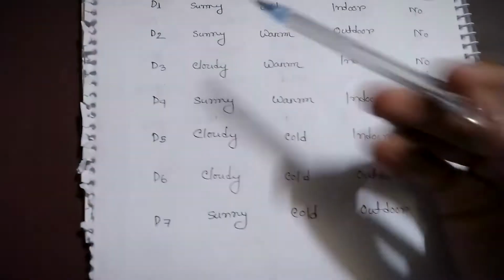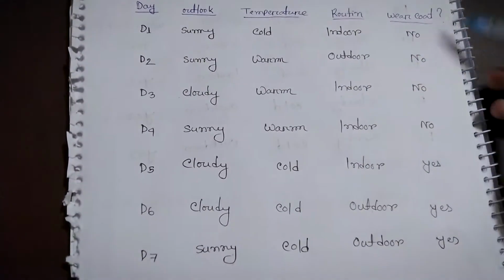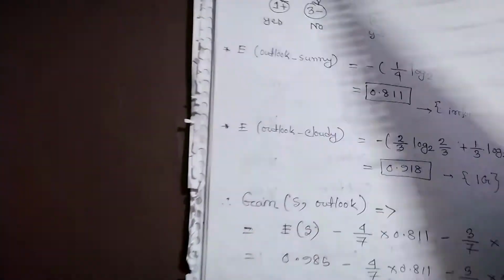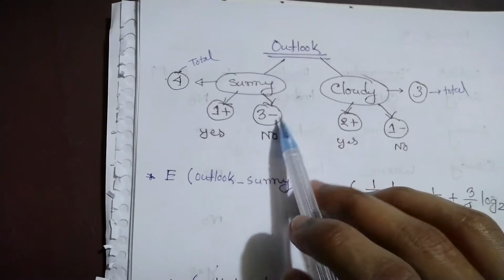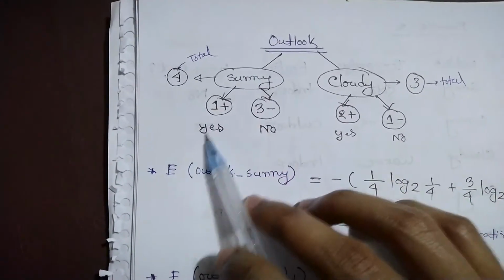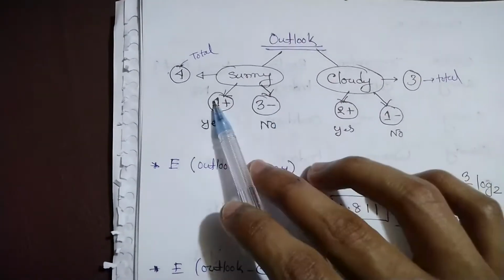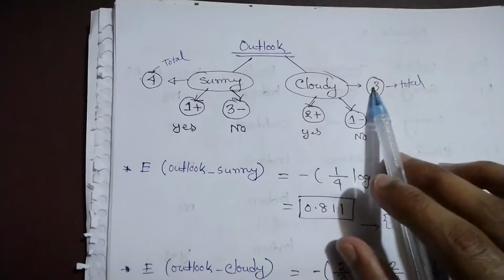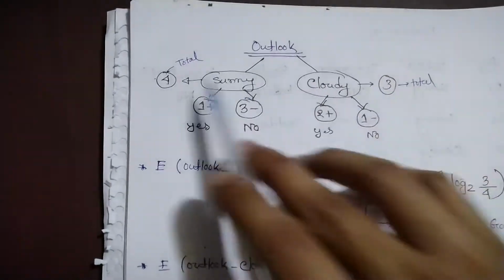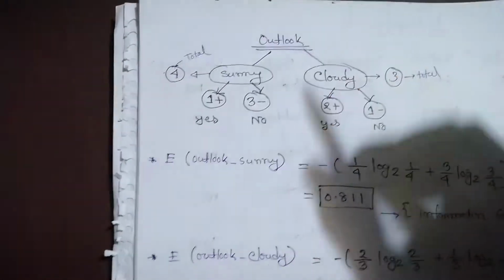So there are 3 no, you can write it as 3 negative, and only 1 positive, which is yes. So 3 plus 1 is 4, because there are total 4 sunny and 3 cloudy, and 4 plus 3 is 7, which is our total dataset items.